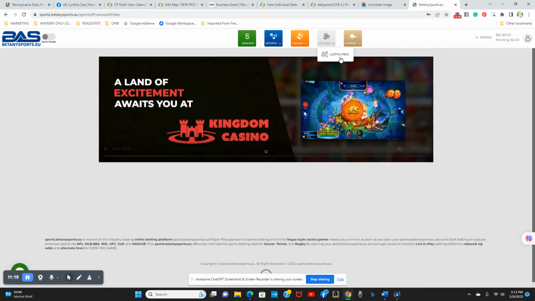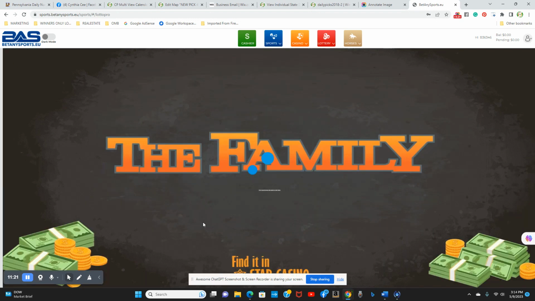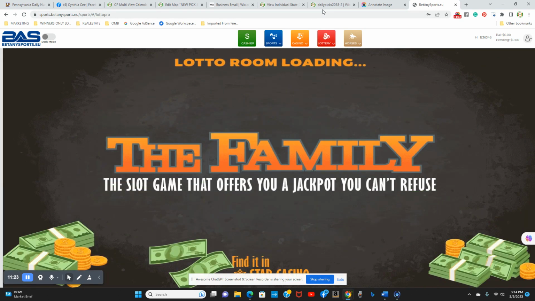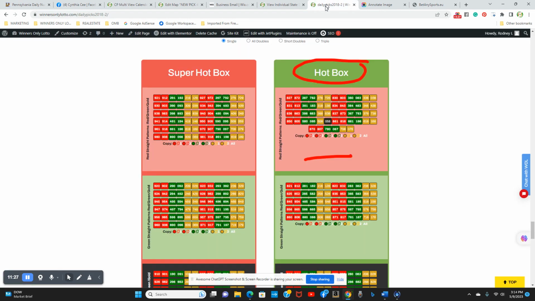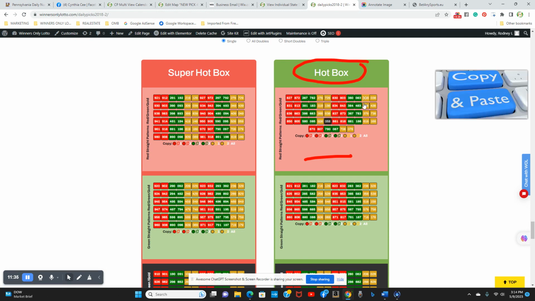Clicked on lottery. And guess what? You got two gold buttons. The first gold button controls the what? First row of each set. The second gold button controls the second row of each set.